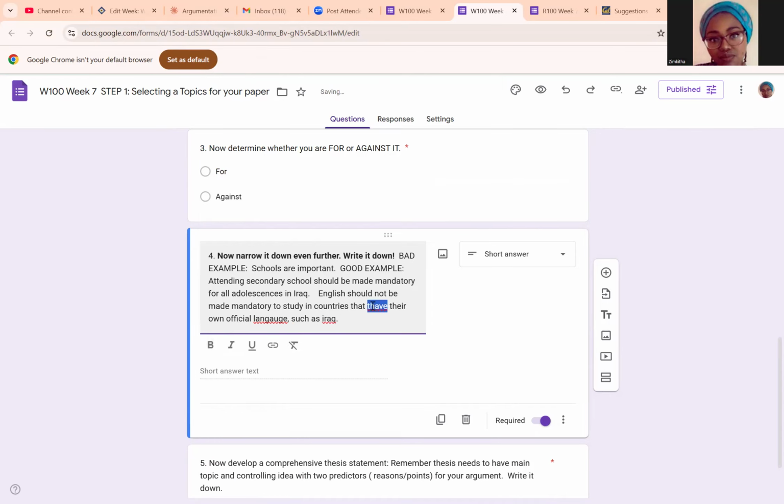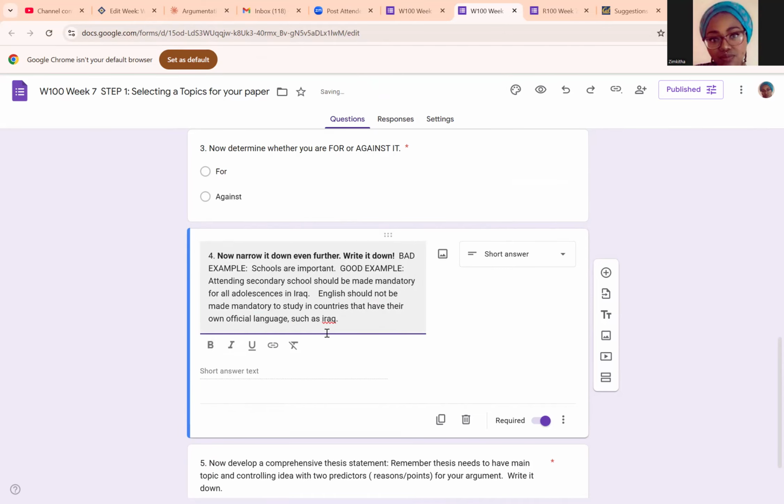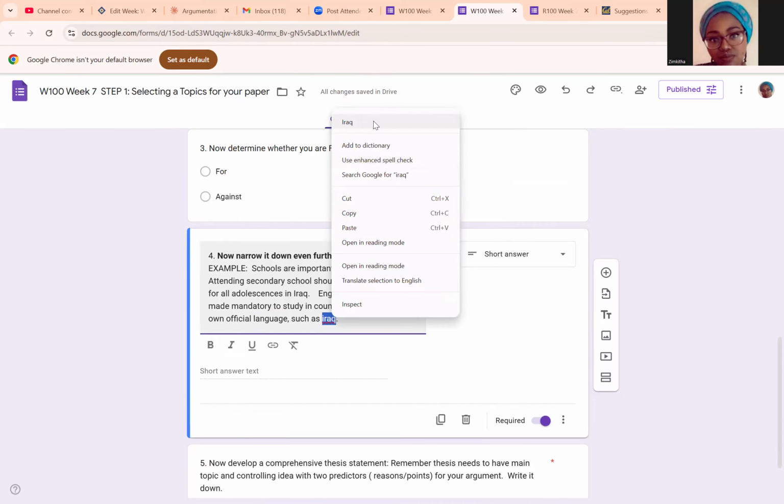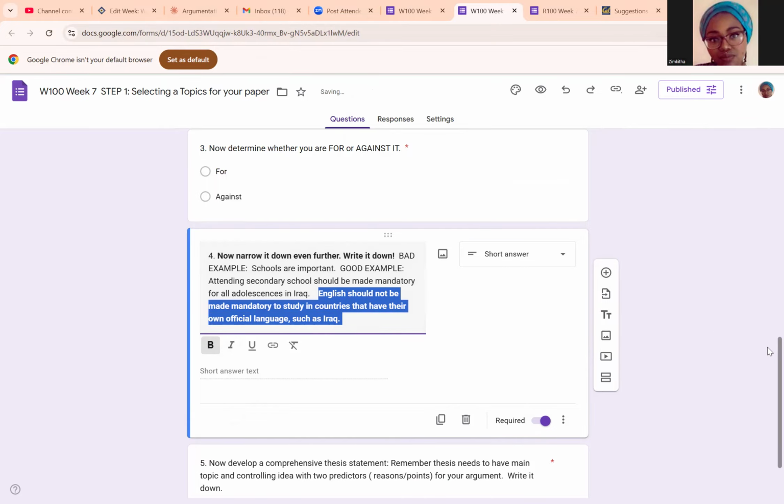I'm trying to bring it home, to keep it in context. So English should not be made mandatory in countries that have their own language. For example, in Iraq, you have your own official languages, such as Arabic and Kurdish, and many other languages. Why should English be made mandatory? So that could be, for example, your topic.